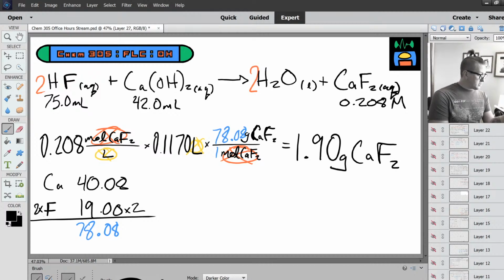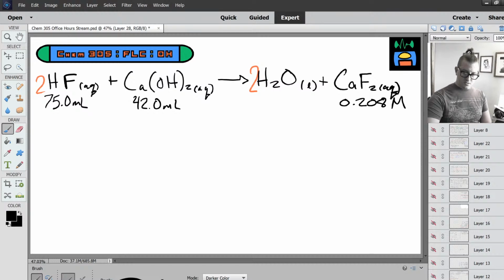And now, Karenza, you said for part C, if we can determine the molarity of HF, and we totally can. We're going to need to hang on to this number right here as we move forward. So let's try to find the molarity of HF if it was the limiting reactant.